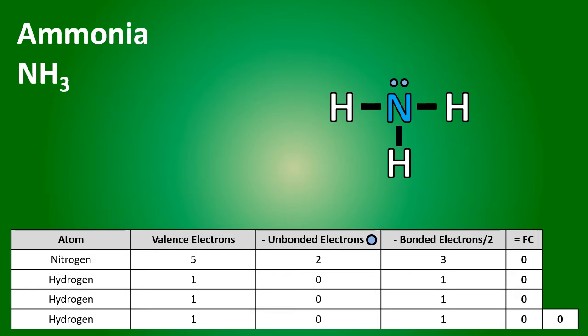So when we try to calculate the formal charge on each atom, we go through the same process. So for nitrogen, nitrogen is group 5. So 5 valence electrons, 2 unbonded electrons, 3 bonds, 1, 2, 3. So 5 minus 2 minus 3 gives us 0. There is an easier way to look at it, and I've actually included it in the presentation.